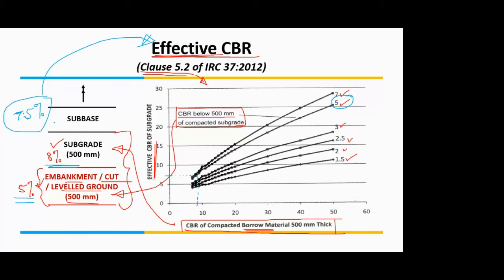Now the question might arise in your mind: I'm saying that I know the subgrade CBR, I know the CBR of an embankment or cut, so how do I actually know this? So you have something called material survey in your pavement survey.